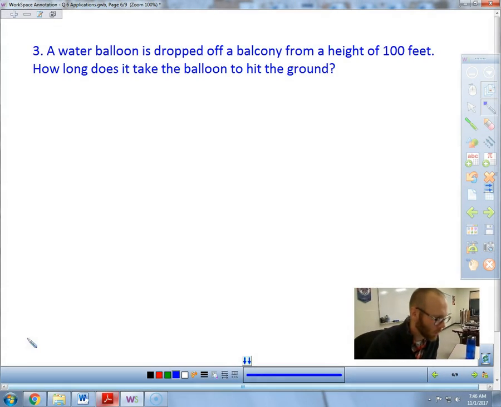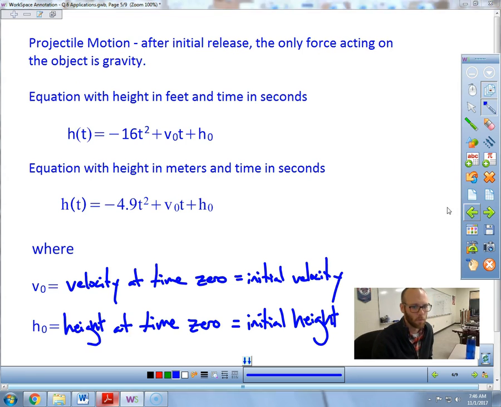So when we look at a water balloon dropped off a balcony from a height of 100 feet, we know the initial velocity is 0, and we know the initial height is 100. So let's write an equation for this. h of t, the height at time t, equals, we've got two options for equations, don't we?